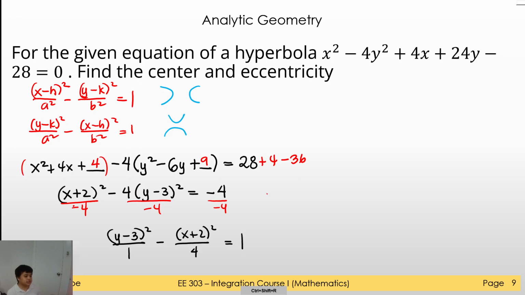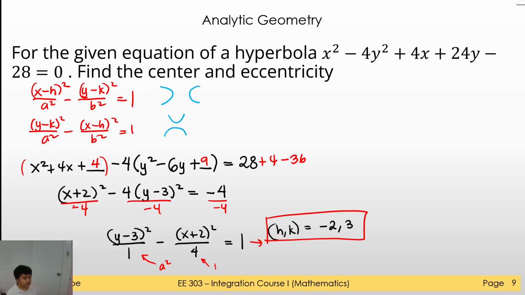So we can already see here that h and k are negative 2 and 3. Sorry, h is negative 2 and k is 3. What is this hyperbola? This is a vertical hyperbola. This will be your a squared, and this will be your b squared.